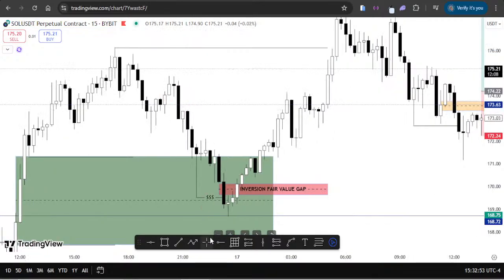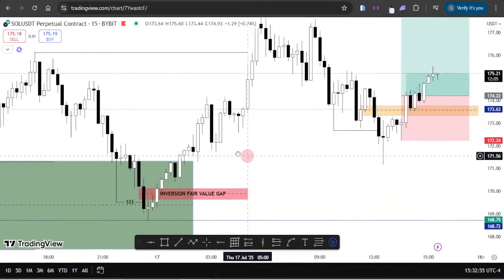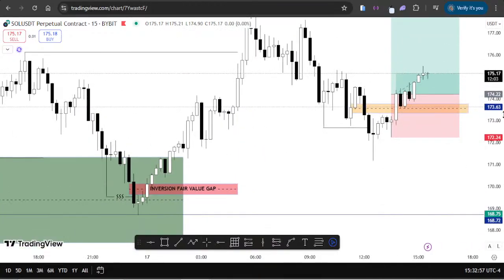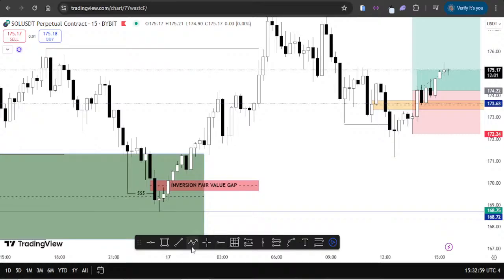Because after this, let me draw our favorite skeleton for you so that you understand what I'm saying. Because from this low to this low to this high to this low has a shape. It has a shape that you have to learn how to see.